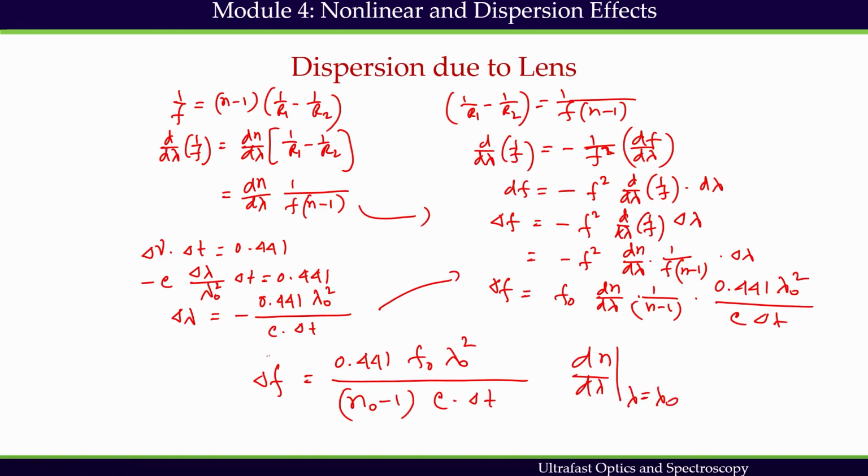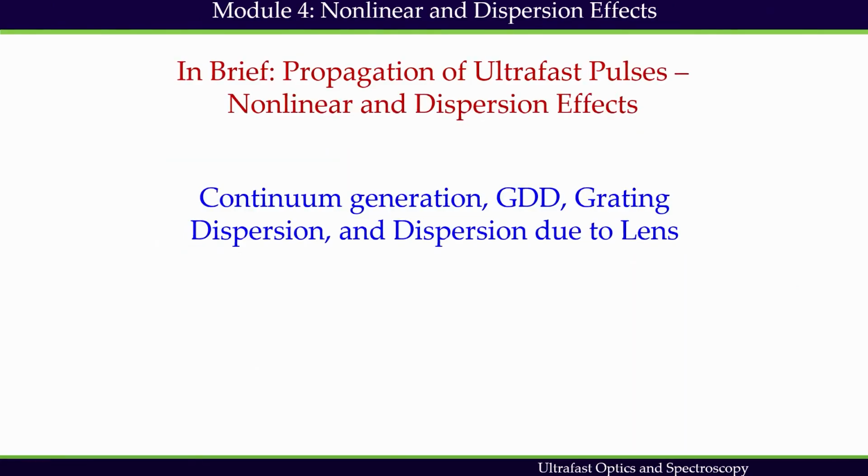So this is suggesting that delta f, the spread of the focal point, will depend inversely on delta t. So a shorter pulse will have a much longer spread of the energy over the focal point on the optical axis. So with this we have come to the end of this module.